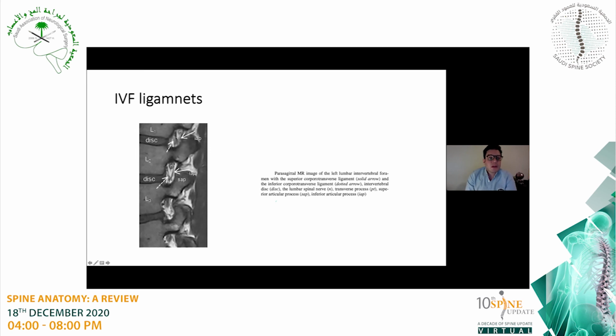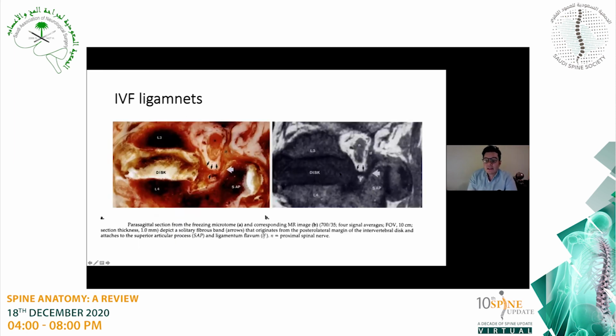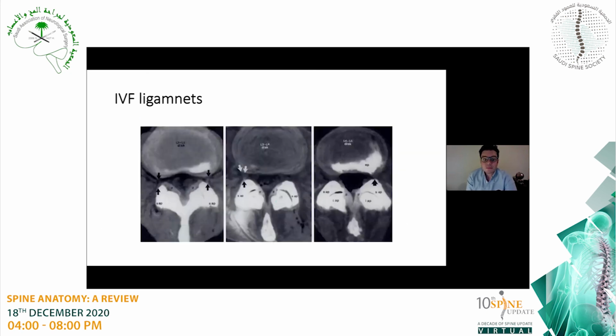This is the foraminal view showing the superior and inferior corporotransverse ligament, and the internal ligament that I mentioned, which is most commonly located in the inferior part of the disc to the superior articular process as broad bands connecting these two. It can be seen as we see in this cadaveric specimen.